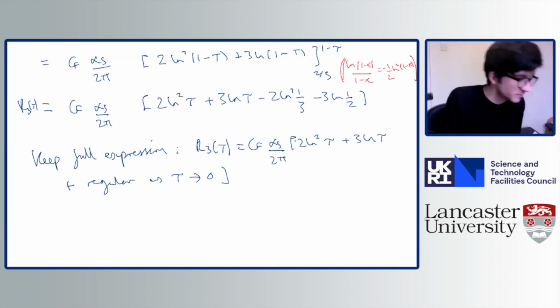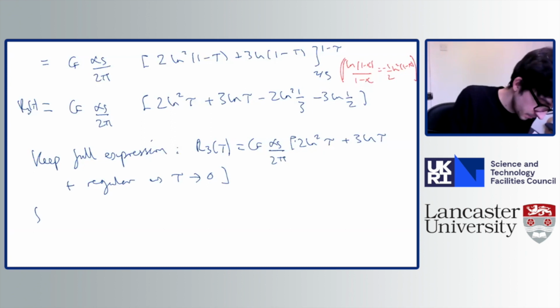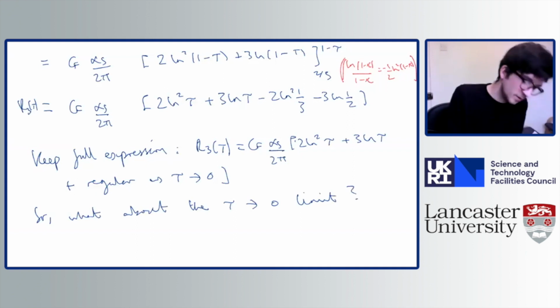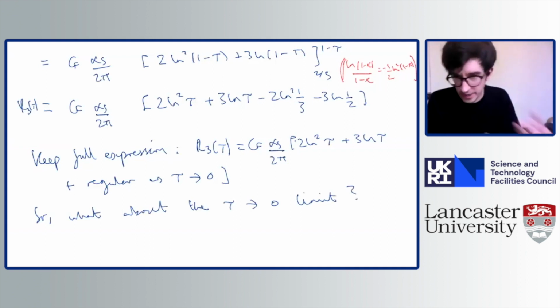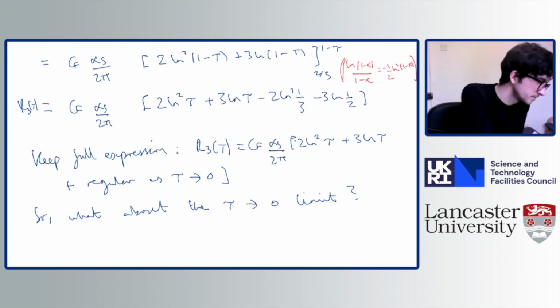So we've got a perturbative QCD prediction for this jet fraction, and now we ask, what about the tau goes to 0 limit? This justifies why, when I did the calculation, I only kept the t goes to 1 part of the expression, because in the end what we're interested in is precisely the region where tau goes to 0, where our resolution parameter becomes small.